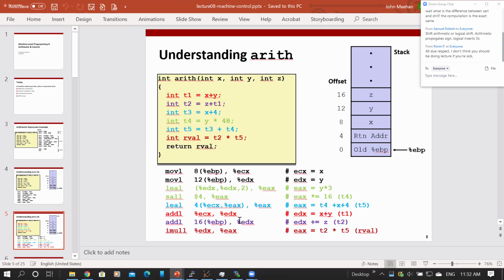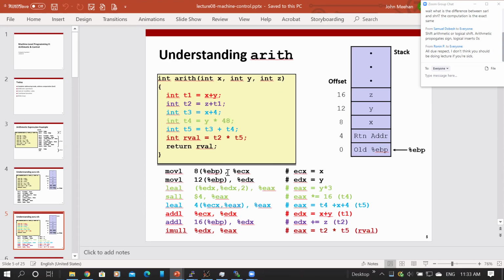So I take Z and add it to EDX, and EDX has this X plus Y, right? So now I've got my X plus Y plus Z.